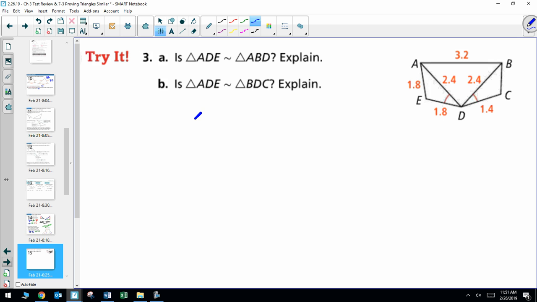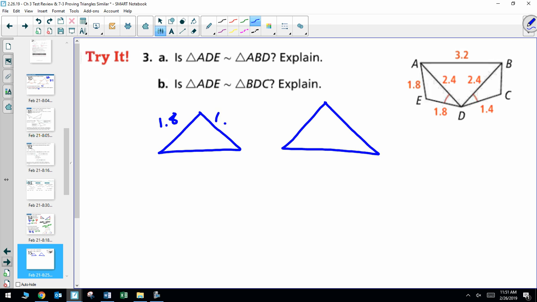If I reoriented them so they were kind of matching, I have two even sides and then this long base. So this would be 1.8, 1.8, 2.4 for the smaller one. And the other one, I have two even sides of 2.4, and then that long side of 3.2.